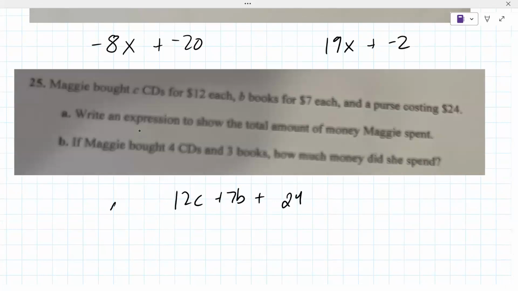That's part A. And then part B is more like the first few problems where C is 4 and B is 3, and you can calculate that. $93. All right, very good.